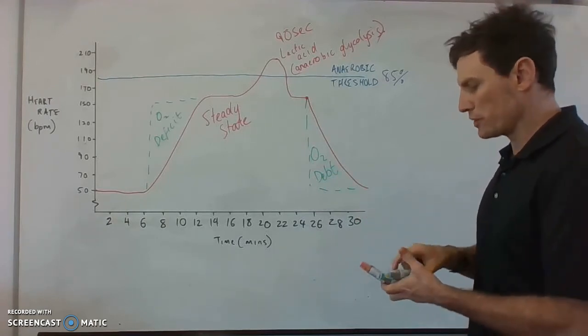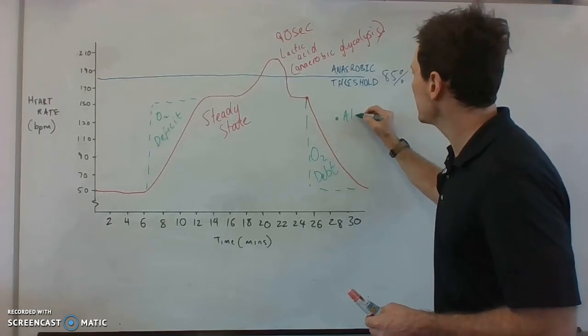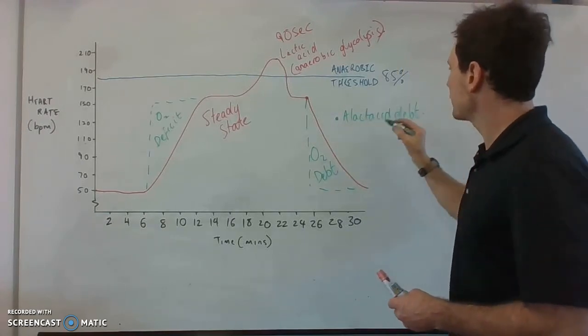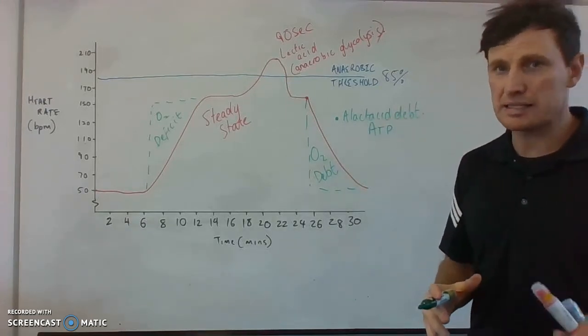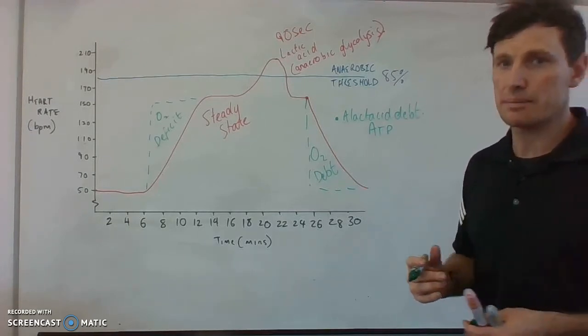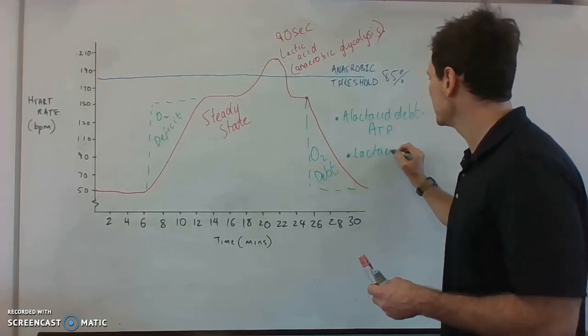The first reason for oxygen debt when we're recovering is called alactic debt. The reason for that is to repair ATP. And from previous videos, you might know that that takes about 3 minutes to repair the full 10 seconds of ATP required. The second reason is called lactic acid debt.